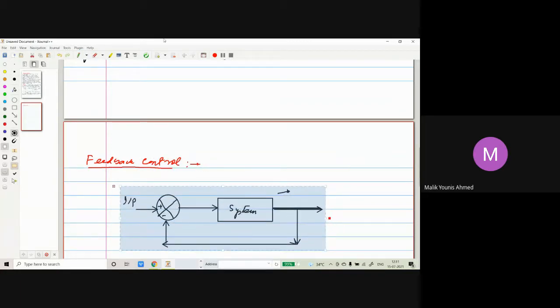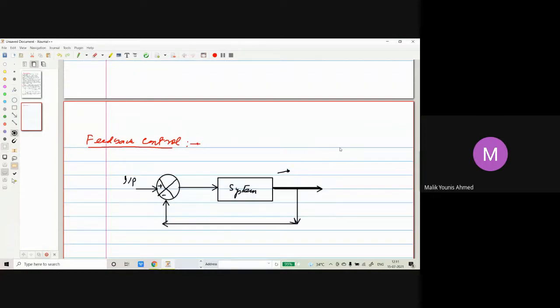Now, this is the input. This is feedback. This is going to the system. We are providing the system input. This is the output. We are getting the actual output.